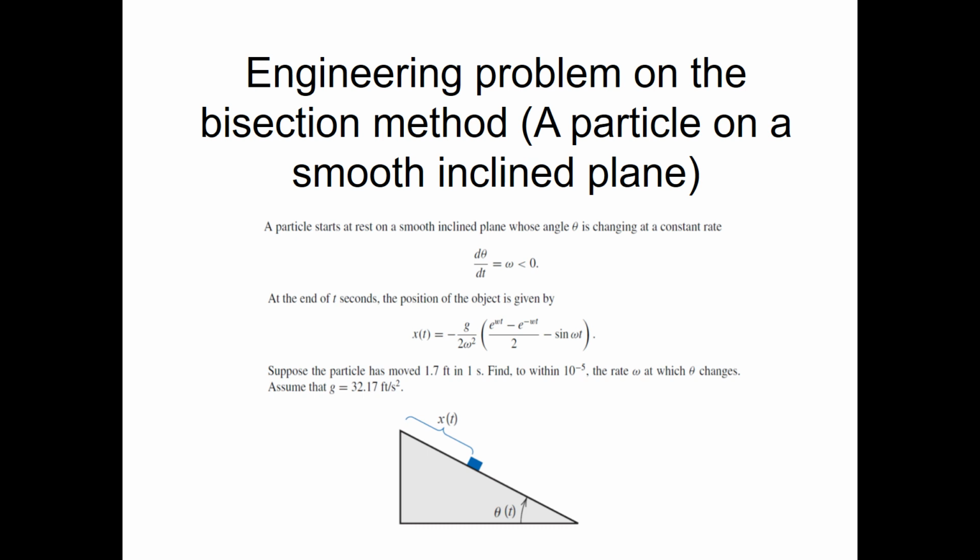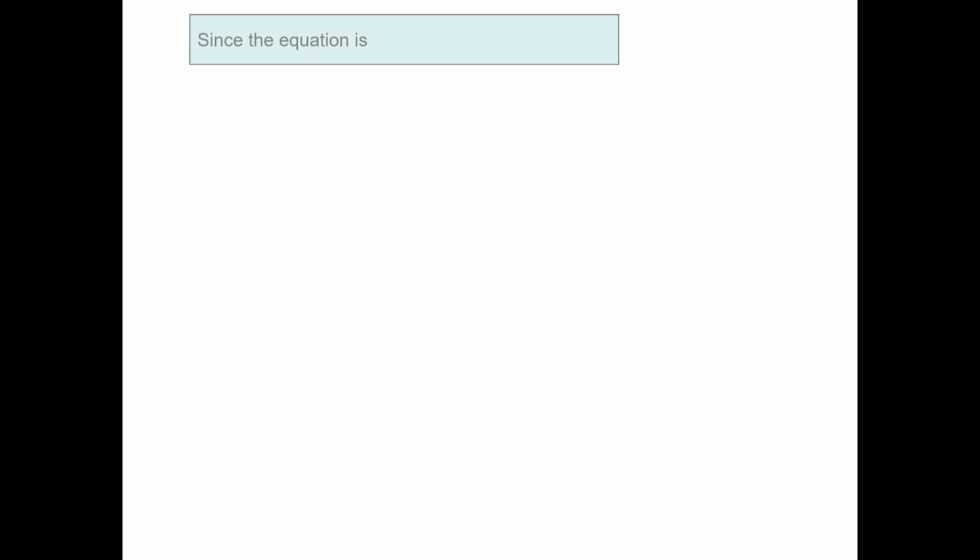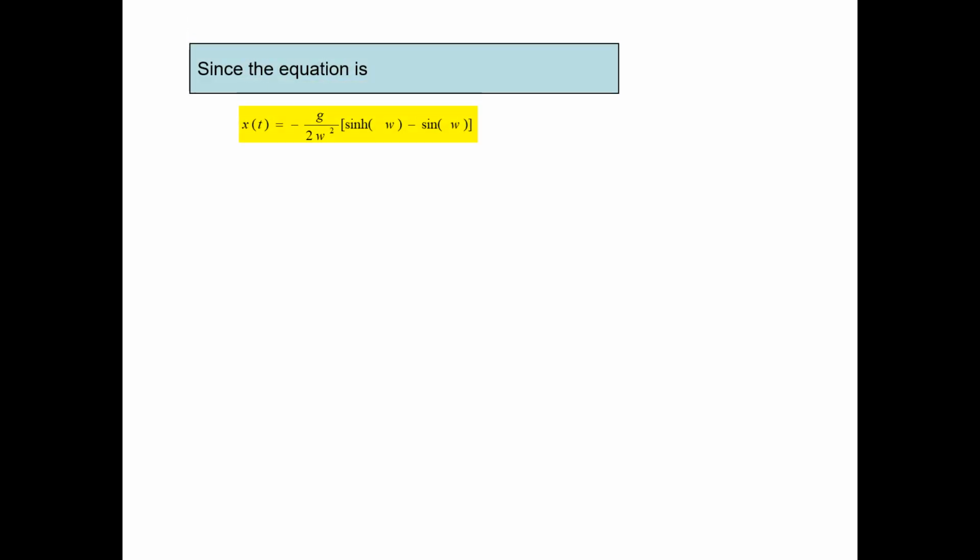So to apply the bisection method, we have to form a function from the equation after putting t equal 1.